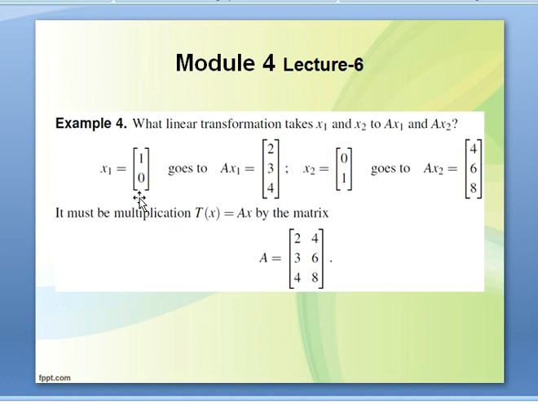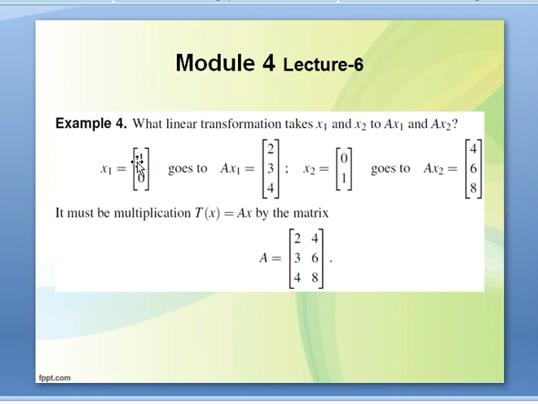Here x1 is (1, 0) and x2 is (0, 1), the unit vectors, which are 2-dimensional vectors. A will be given to us, and it is a 3 by 2 matrix, so we have 3 rows and 2 columns.